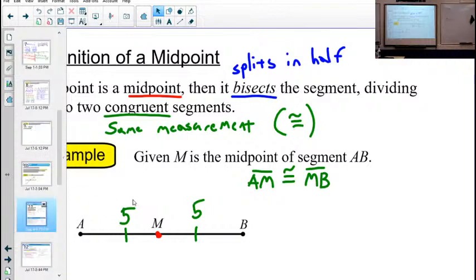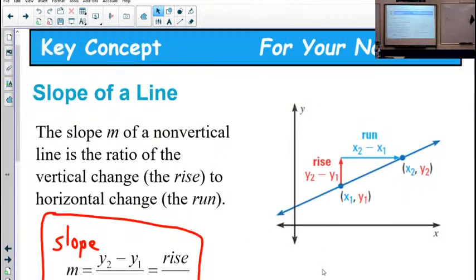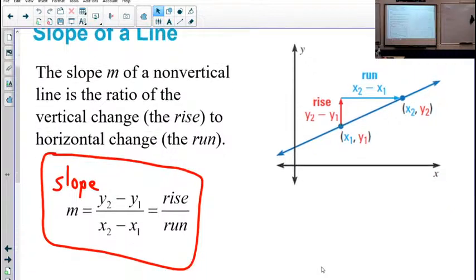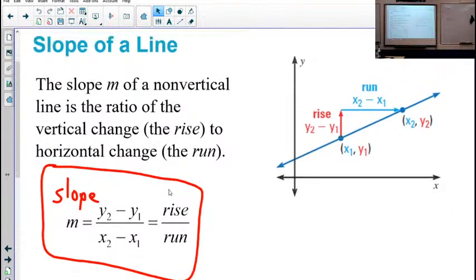For slope, starting with slope. Remember I said when we first talked about slope that we should talk about slope as change in y over change in x.